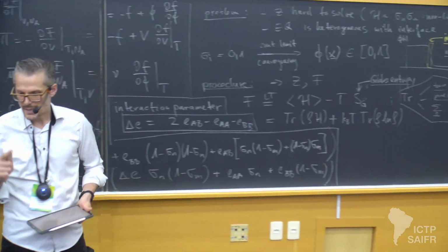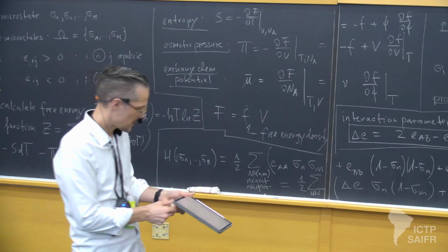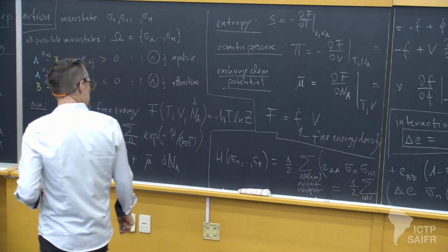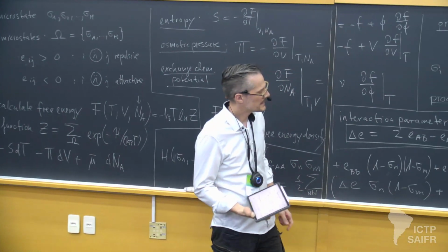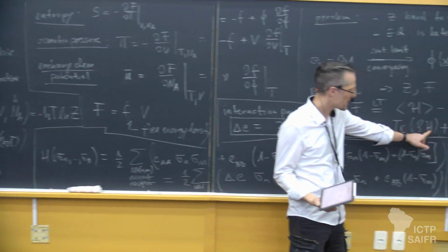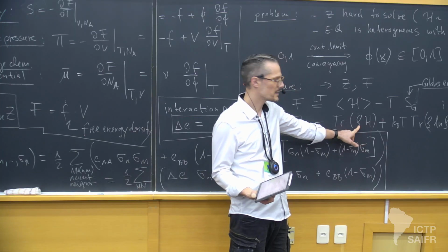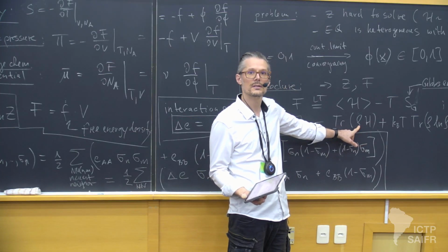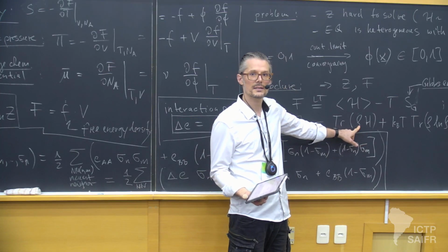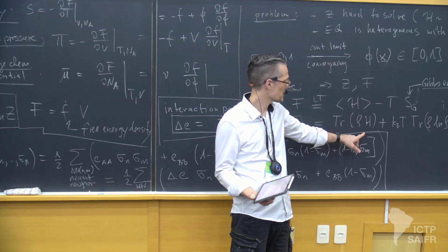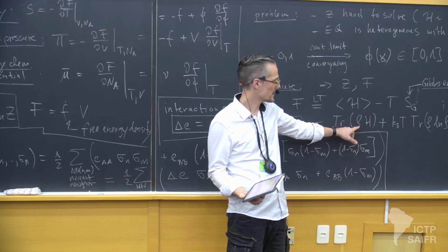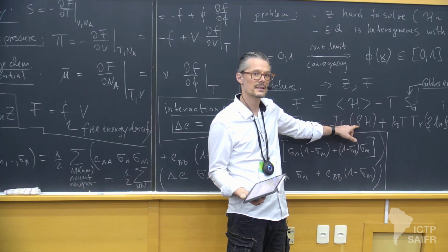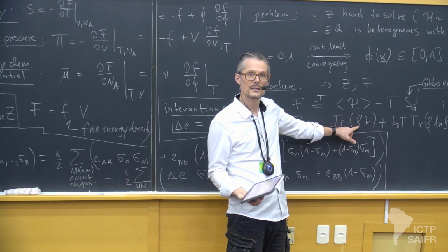So why is this problem hard to solve? First of all, we have this quadratic interaction. Is it hard because of the quadratic H that we can calculate, or because of the quadratic H in the rho? Rho is the Boltzmann factor. So what is the hard step?